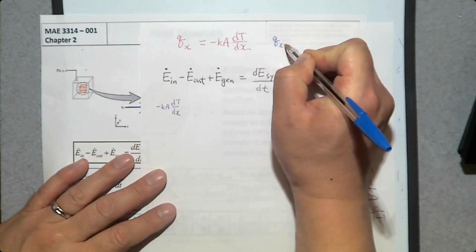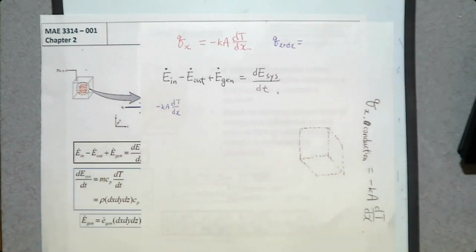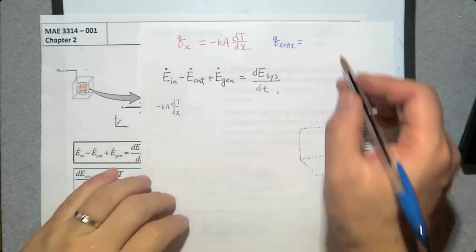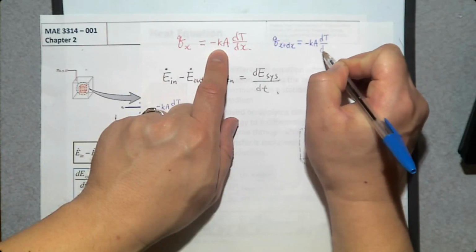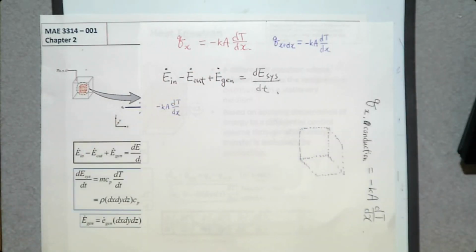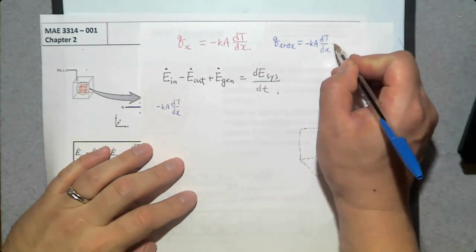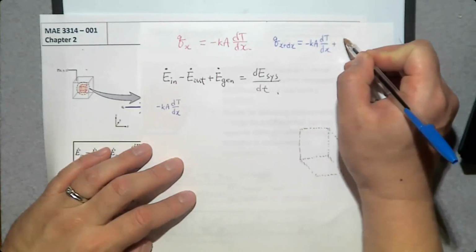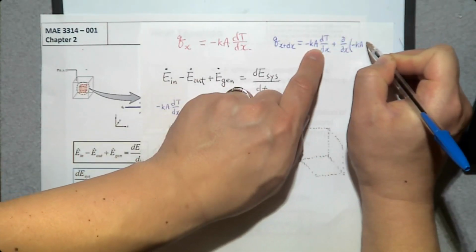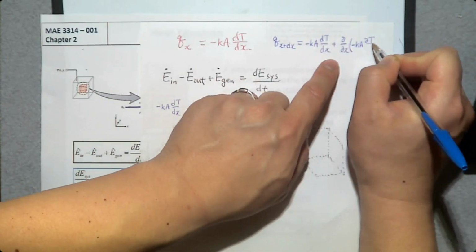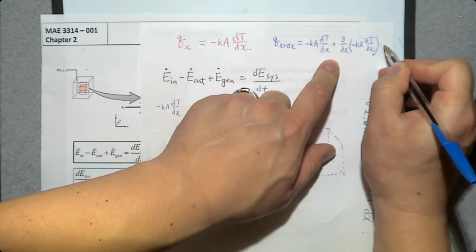So what are the first two terms of the Taylor series? For q at x plus dx, we are going to use the first two terms of the Taylor series. The first term is the same as this one, minus kA dT over dx. No problem. Now the second term is going to be the first derivative of the first term with respect to x times dx. So the second term is the first derivative of this one, minus kA, let's say partial T over partial x, times dx.